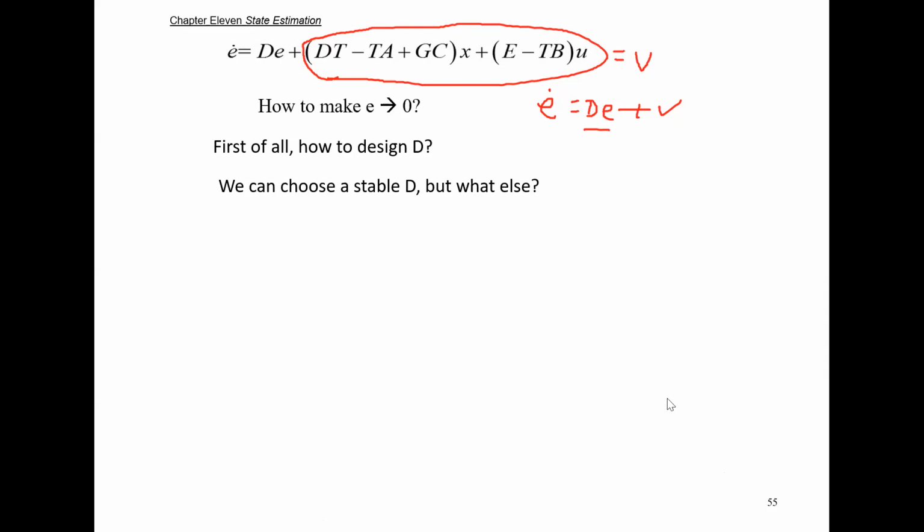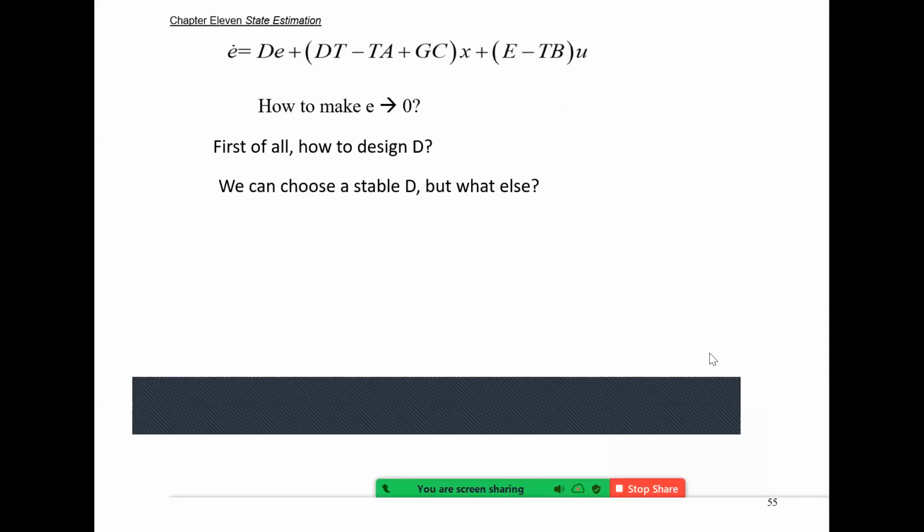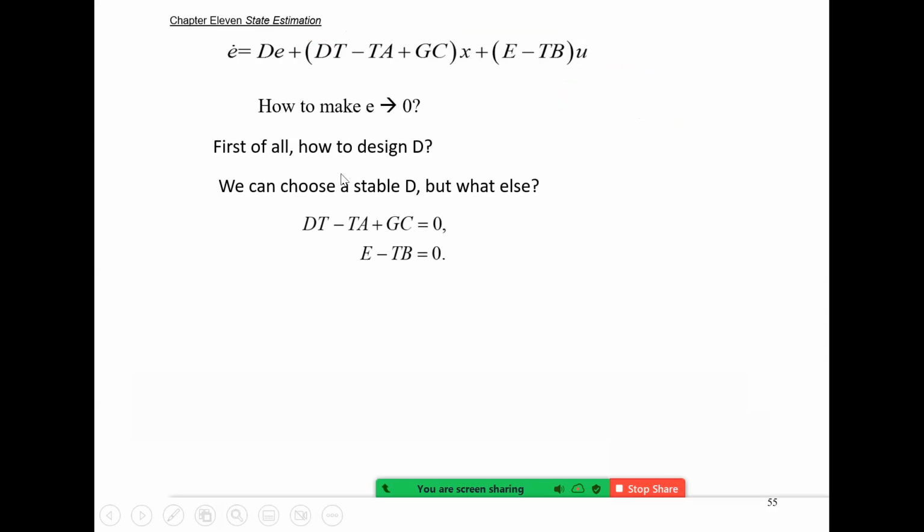So therefore, eventually what we want is, I make D stable, but I make those two terms disappear, which means I make DT minus TA plus GC equals 0 and E minus TB equals 0.